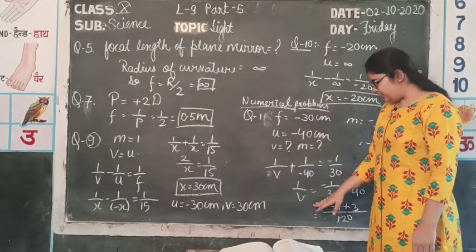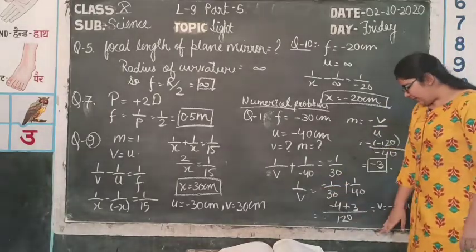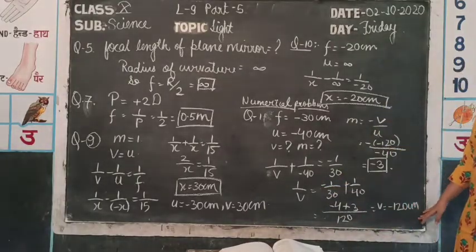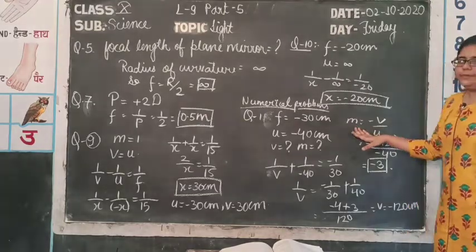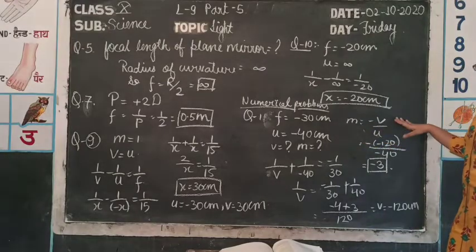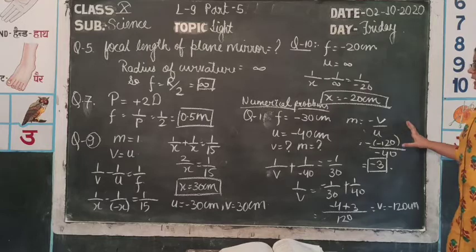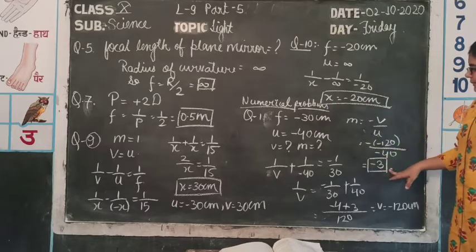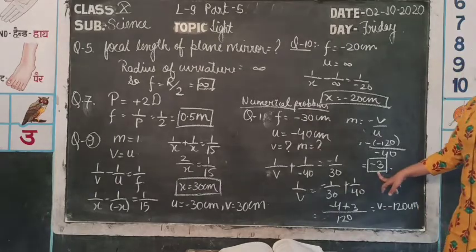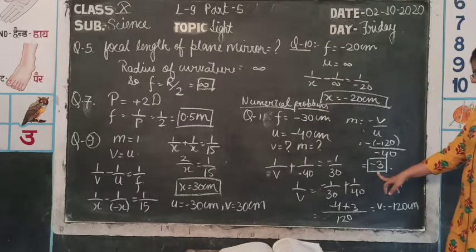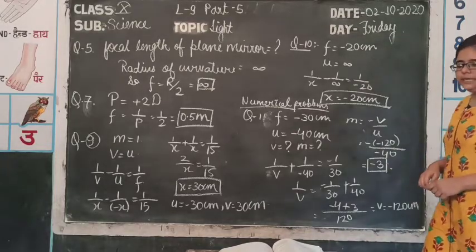After putting the values in the equation, we will get V is equal to minus 120 centimeter, and after that the formula of magnification will be used. Magnification is minus V upon U. V is minus 120 and U is minus 40, and with the minus sign of the formula, you will get magnification minus 3. This minus tells that the image is real and inverted, and the digit 3, which is greater than 1, tells that the image is highly magnified.